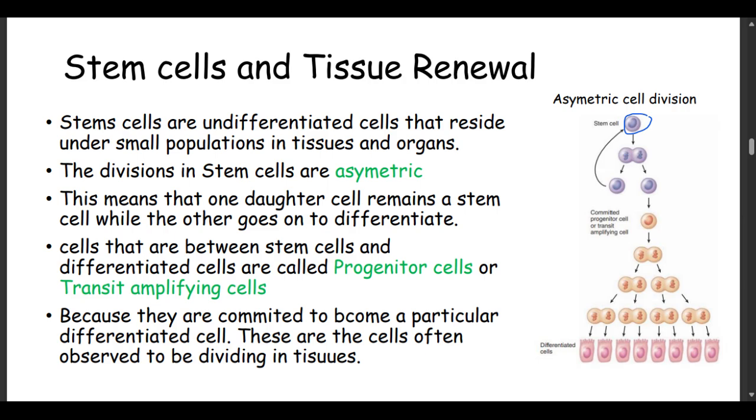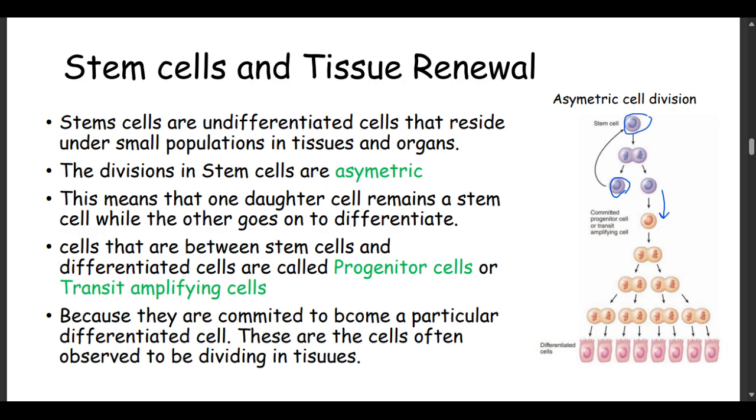So in asymmetric cell division, you're going to have a stem cell that divides into two, but then one of them is going to commit to become a differentiated cell, while one of them remains as a stem cell. Because at the end of the day, the stem cell population needs to remain so that you can keep producing new cells.